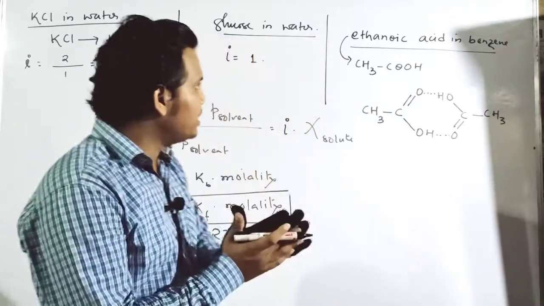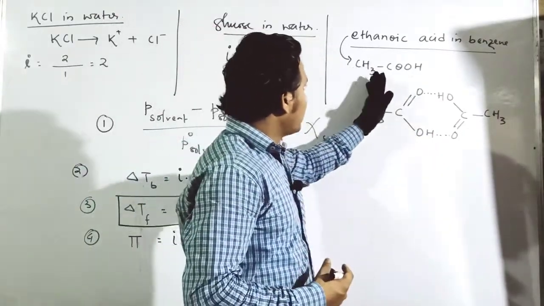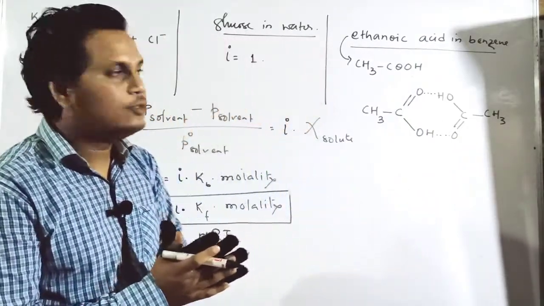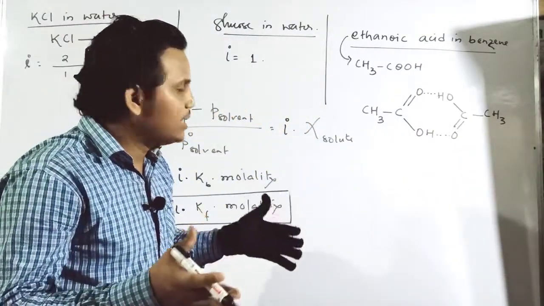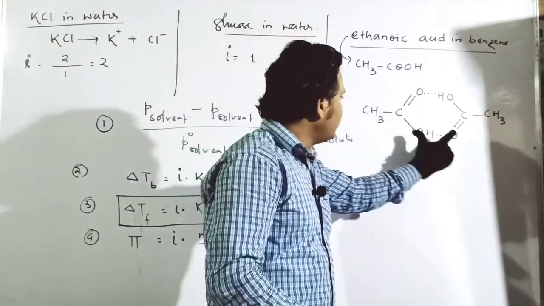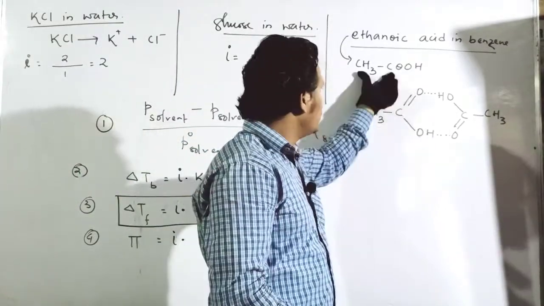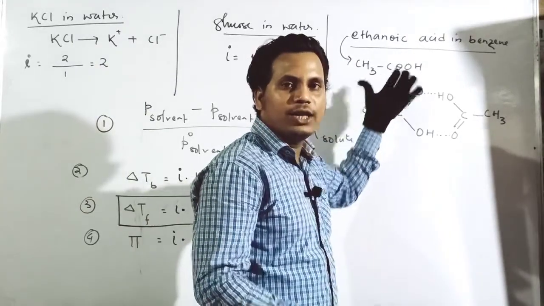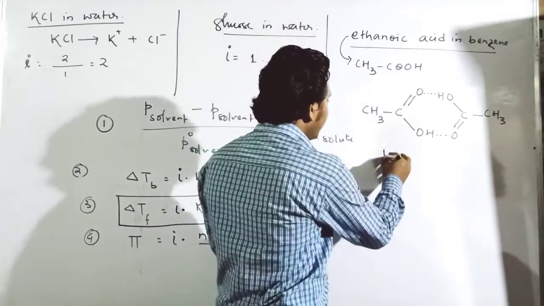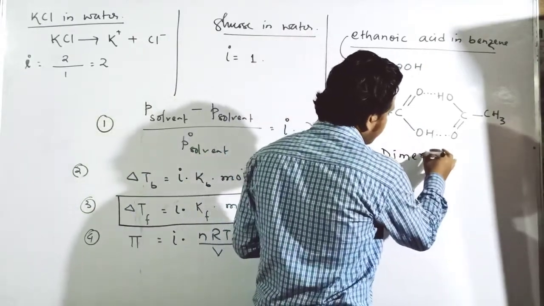So if we take ethanoic acid in a solution of benzene, the ethanoic acid molecules themselves dimerize. 2 ethanoic acid molecules combine to give only 1, means here dimerization occurs.